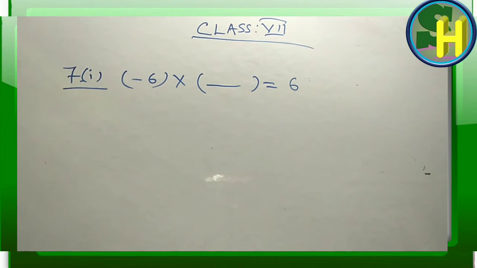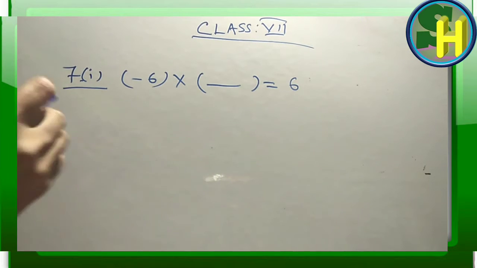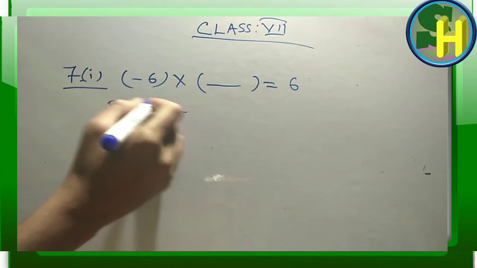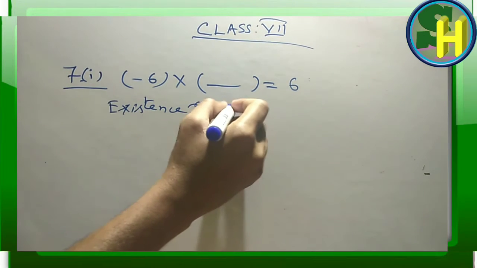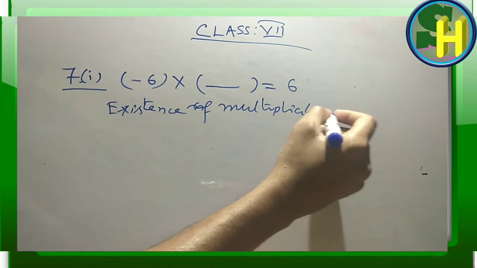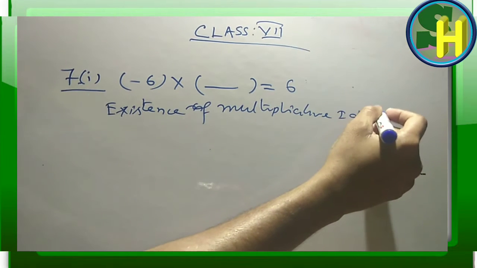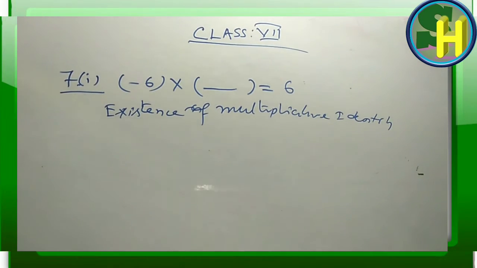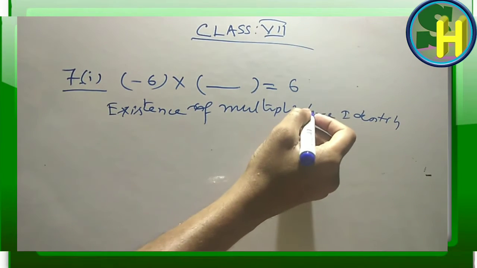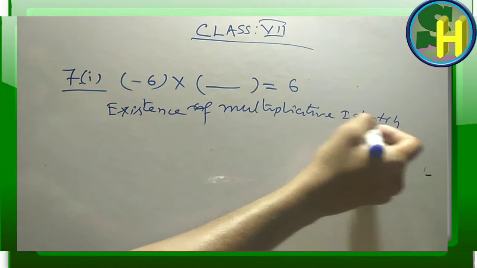So this is one kind of property: existence of multiplicative identity is followed.